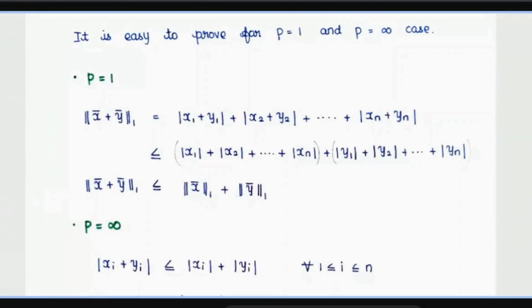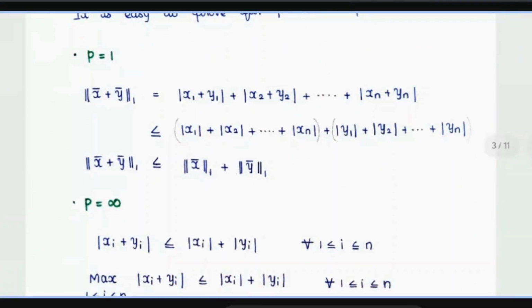By the property of modulus, modulus of x1 plus y1 is less than or equal to modulus of x1 plus modulus of y1. We are using those and combining the x terms and y terms separately, and then we will get L1 norm of x bar plus L1 norm of y bar. So it is easy to prove.